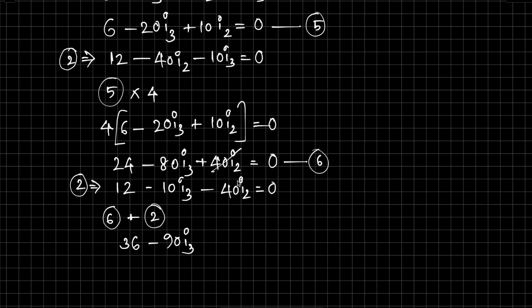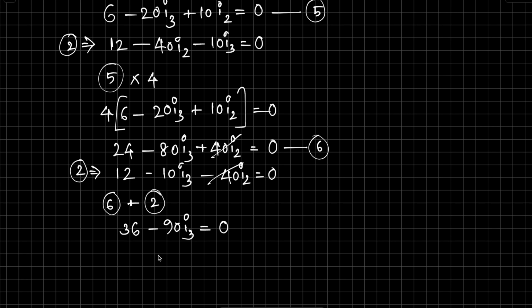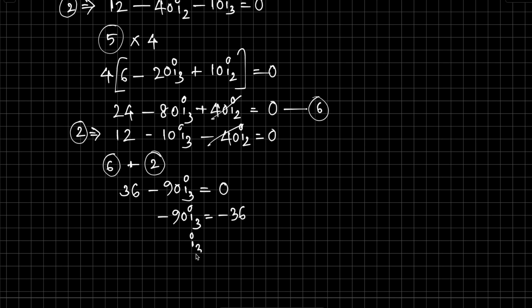Plus 40 I2 and minus 40 I2 are gone. 0 plus 0 is 0. Solve for I3. Minus 90 I3 equals minus 36. Minus and minus gone, I3 equals 36 over 90, that is equal to 0.4 amps.